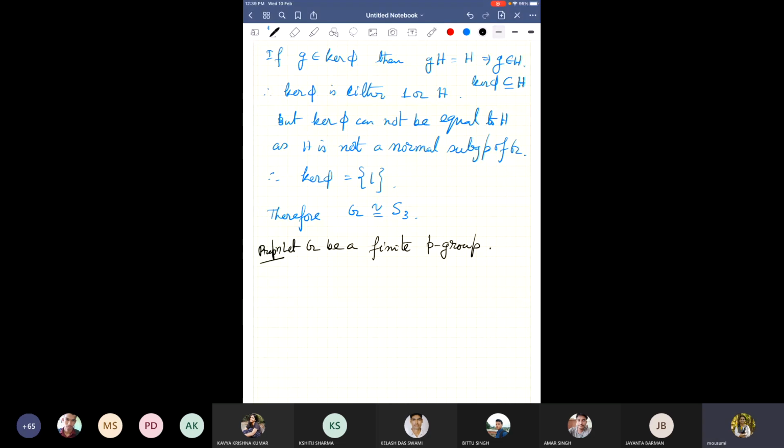Then what it says is that any subgroup of G with index P is a normal subgroup.